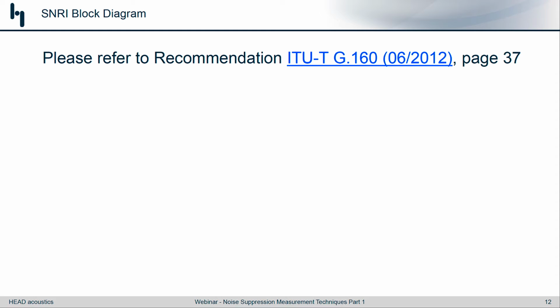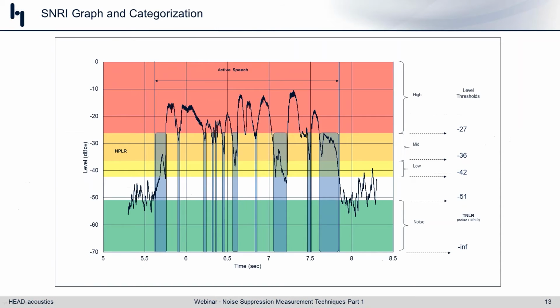We'll find the noise portion, we'll find the active speech portion, and classify them into low-level speech, high-level speech, etc. Then we'll go through and apply some weighting curves, and finally calculate out SNRI, NPLR, TNLR, etc. Now, the big question, of course, is, well, how does this get applied to my speech signal? So let's look at what SNRI does in a real example here.